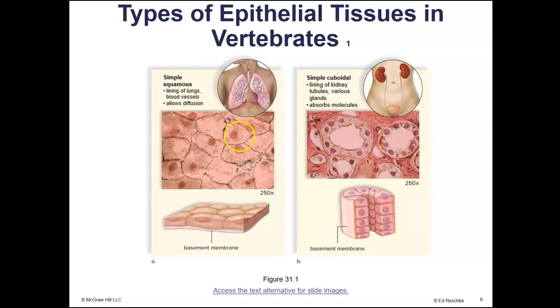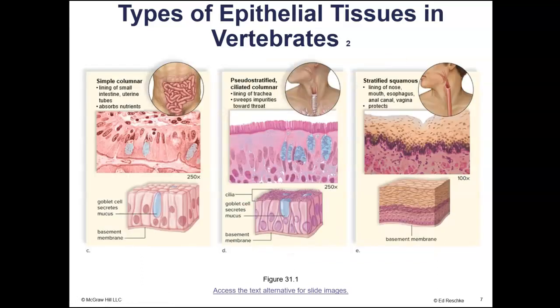Then we have simple cuboidal, and those form the kidney tubules, which we call nephrons. They're just a little thicker than the squamous cells.